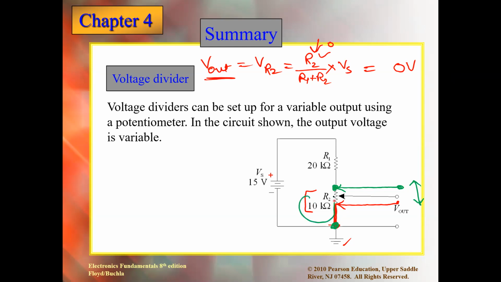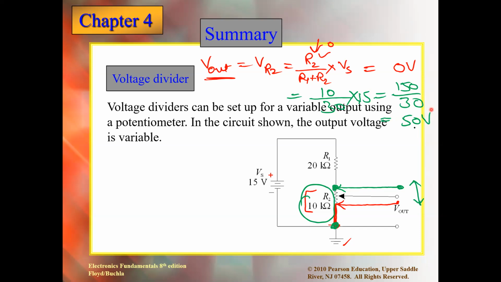Exactly. So when you put this value here, 10 over 20 plus 10, that is 30, multiplied by 15, it will be 150 over 30, that is 5.0 volts.